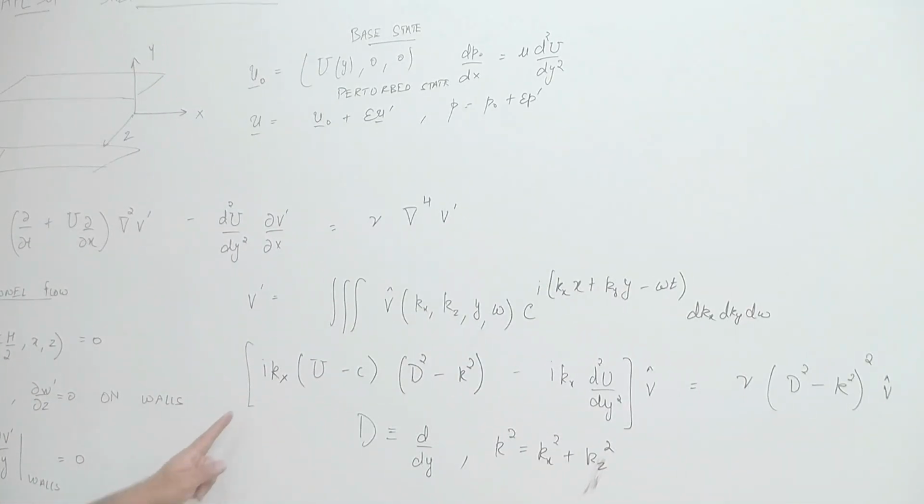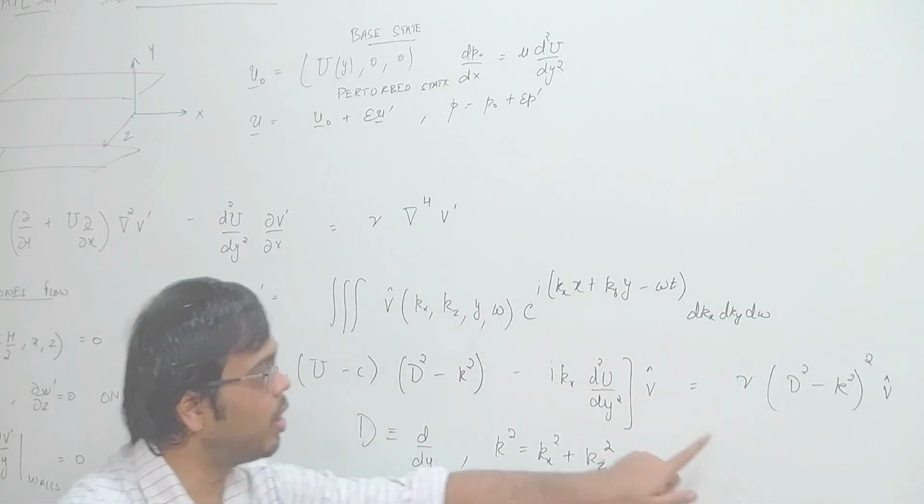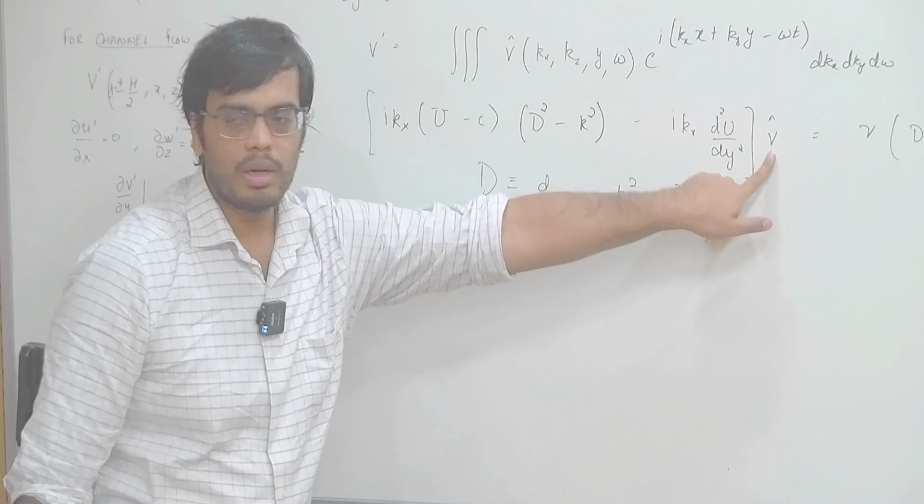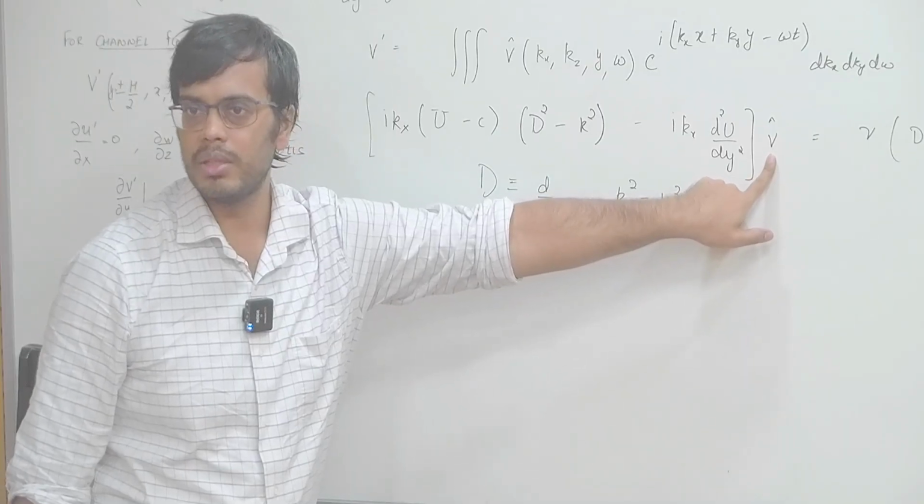Okay, this is your fourth order ODE for the mode of velocity perturbation v prime.